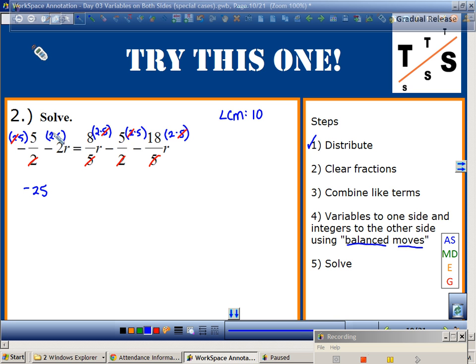Negative 2r times nothing canceled, so it's just negative 2r times 10, which is negative 20r, equals 8 times 2 is 16, plus an r right there, right? So 16r. I've got a negative right here. Negative 5 times 5 is negative 25. And negative 18 times 2r is negative 36r.